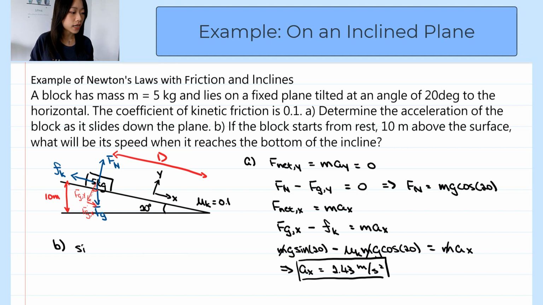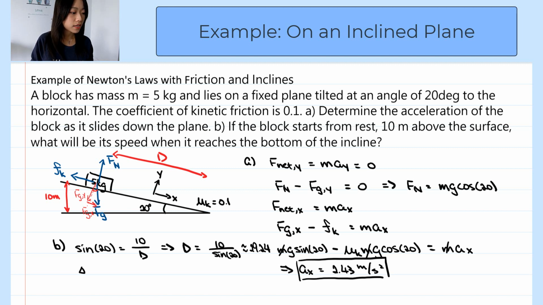So sine of 20 equals opposite divided by hypotenuse. So D, the distance traveled, equals 10 divided by sine of 20, which equals 29.24.